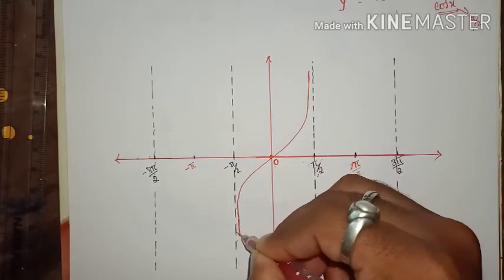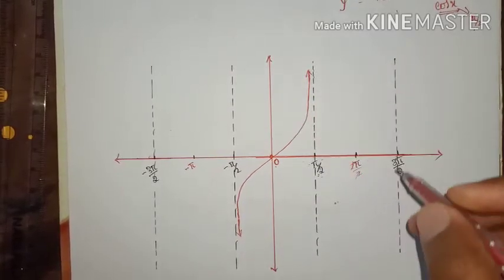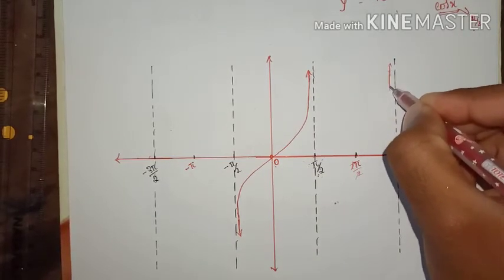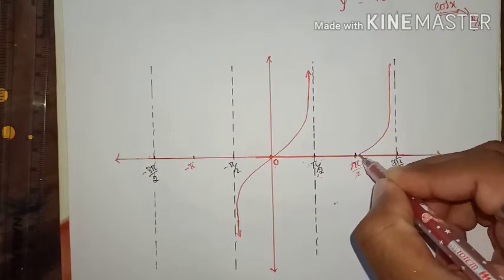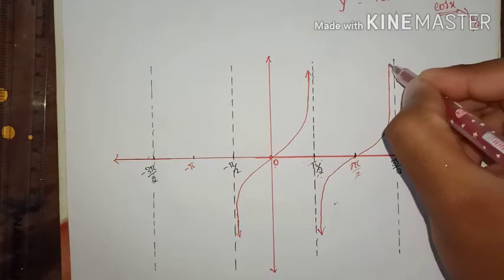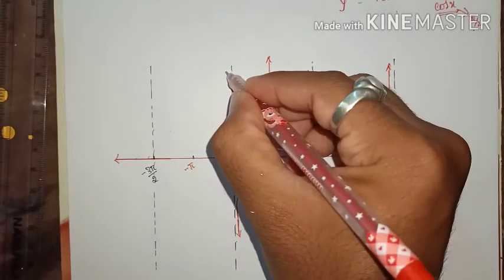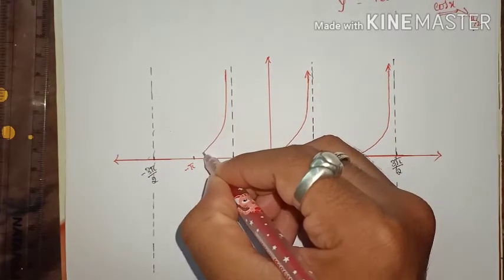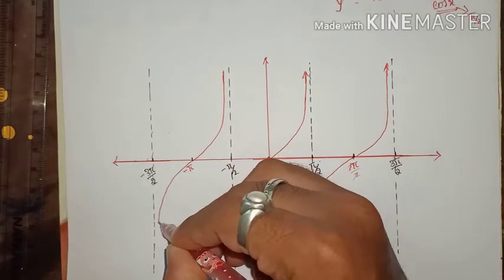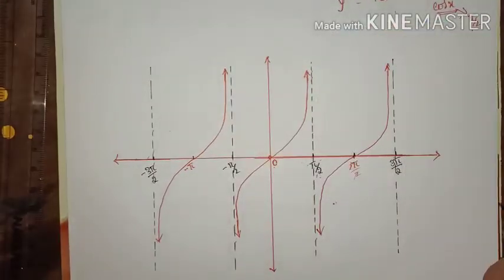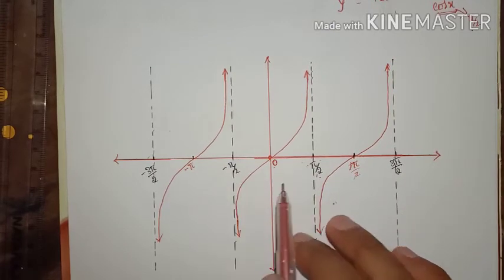This is the way, and here also, if you start from here, similarly to the left side also. This is the way we are going to construct or draw tan functions. It's quite the same.